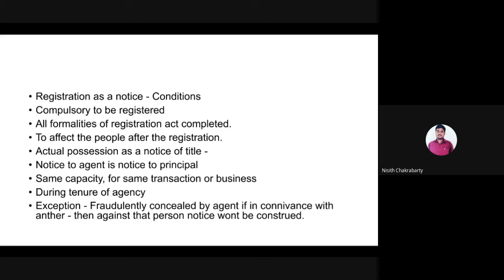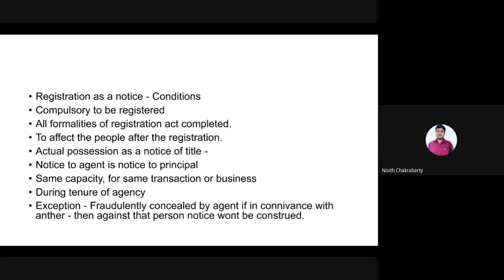Third, this registration will operate as a notice to the people who come into the picture after the registration, not to the people who are prior to the registration.